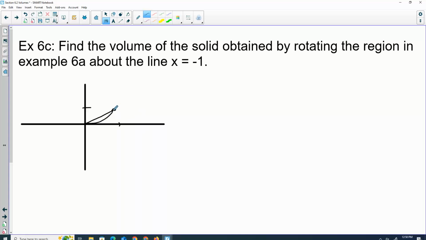That was our original. If x equals negative 1, it's a vertical line at negative 1. x equals would be vertical.